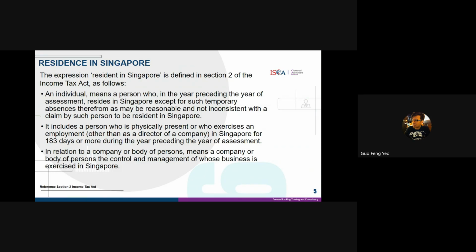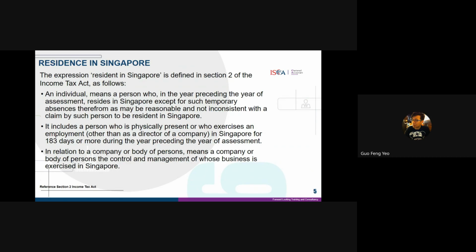In relation to a company or body of persons, it means a company or body of persons whose control and management of the business is exercised in Singapore. For the purpose of this webinar, as we are focusing on individual income tax, we will examine in greater detail the determination of tax residency from an individual standpoint.